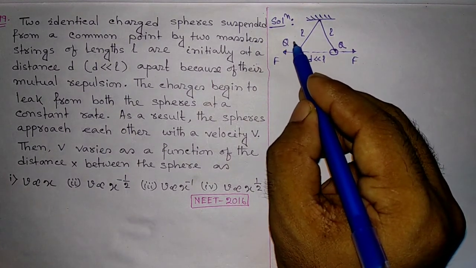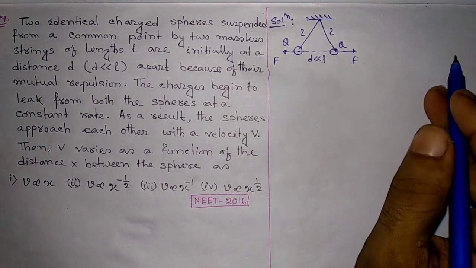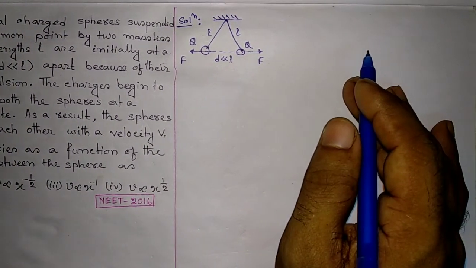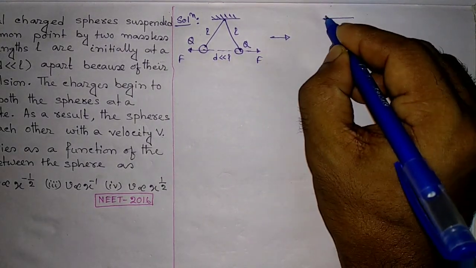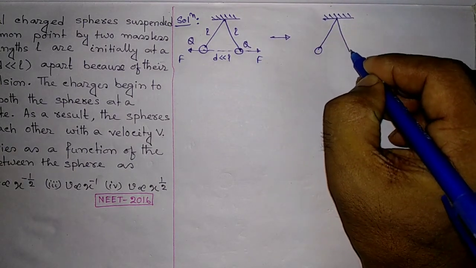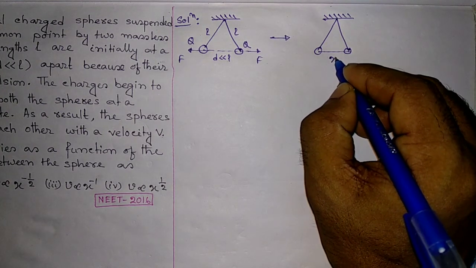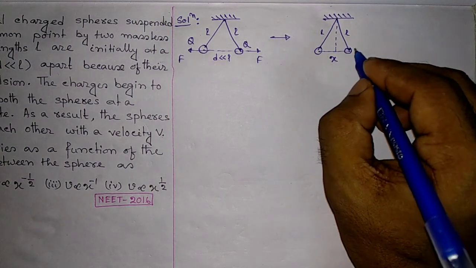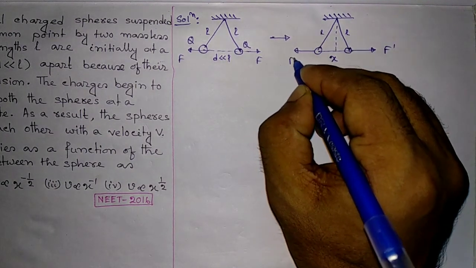As the charge is leaked, gradually the charge decreases, and after some time they come closer, and the distance is, suppose, x. Now they experience force F dash.